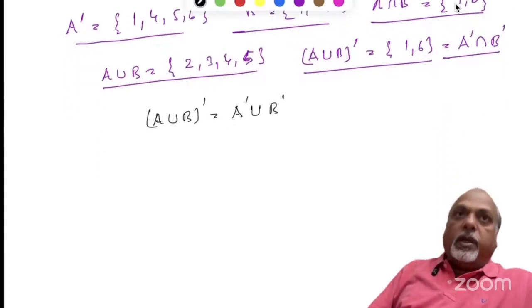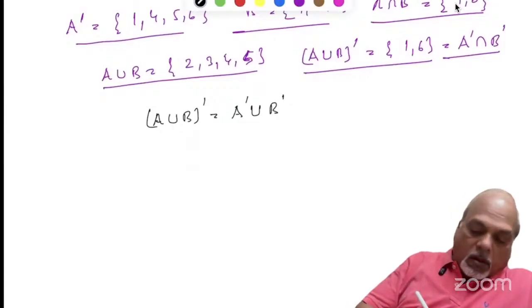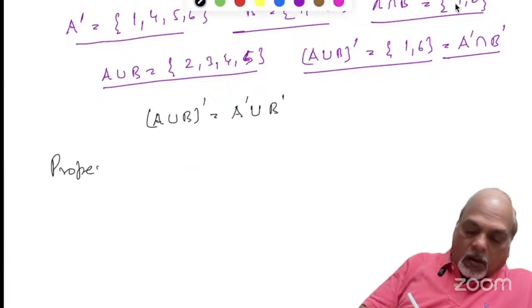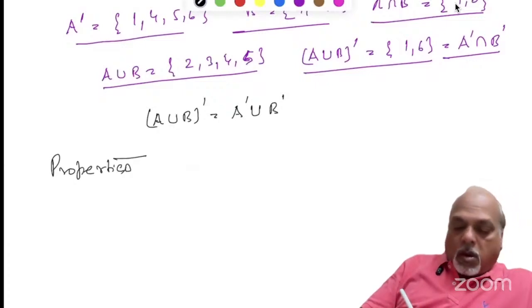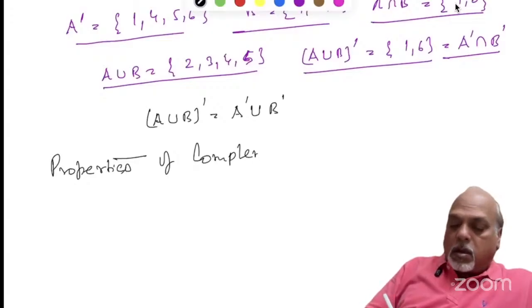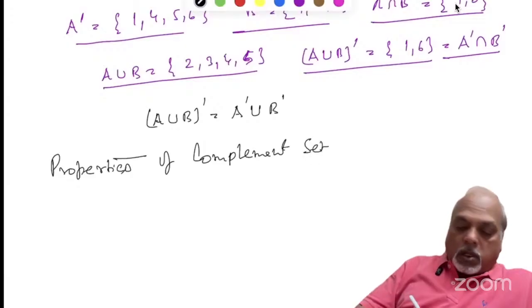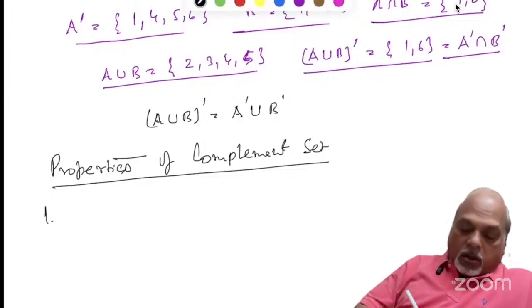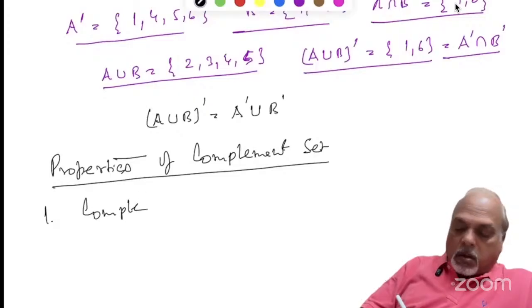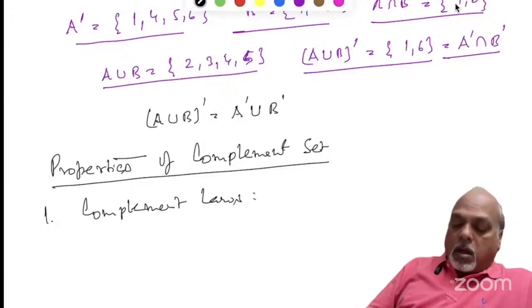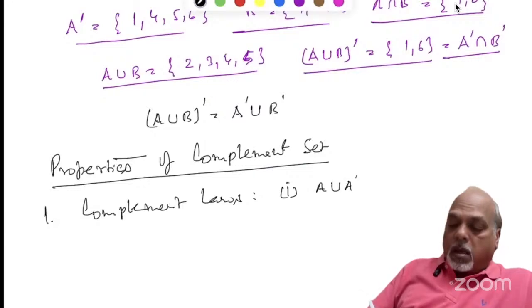Now there are some properties of complement sets. It's very important. One is complement laws. Like A union A dash would be U only.